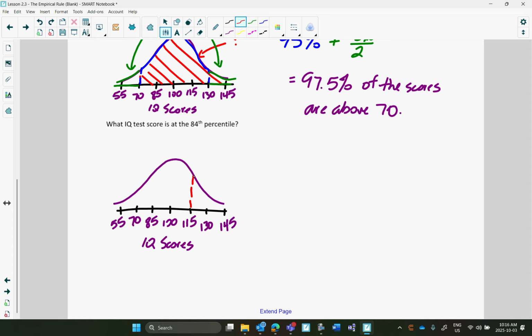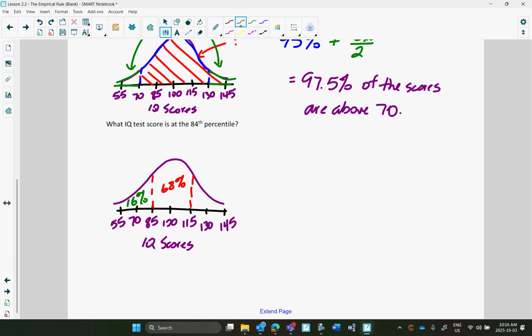How many standard deviations away? 1. So 1 standard deviation below means that what percent's in here? 68. Now I need to find out what percent is in here. Well, what percent is in these two? 32. But half of it is 16%.